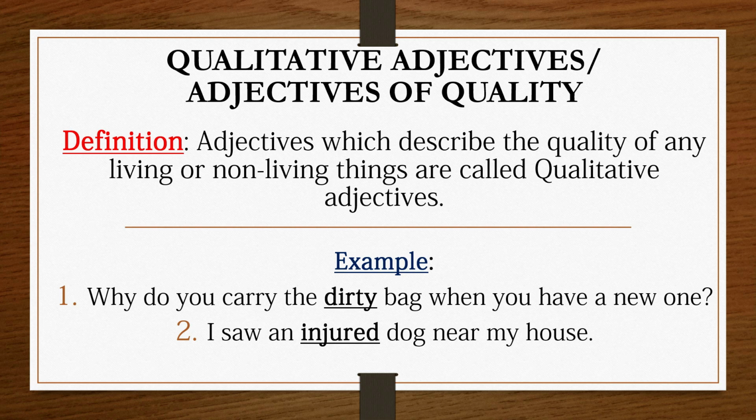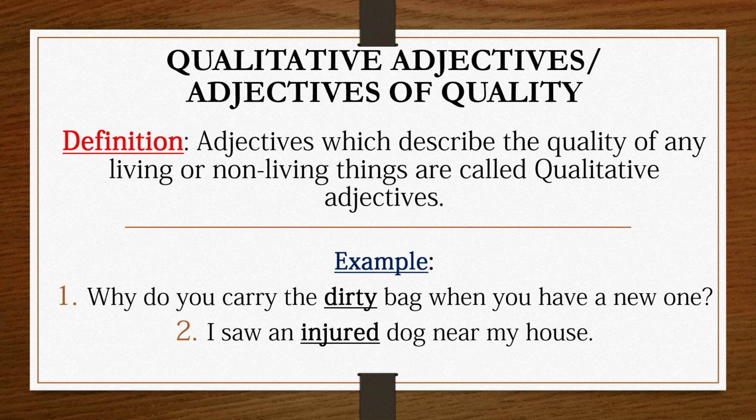They are gradable. Gradable means they form degrees of comparison. I think you are aware of positive, comparative and superlative, which we will be learning in our later classes. And these qualitative adjectives, we cannot count them. They are mostly abstract and can be perceived only through our senses.